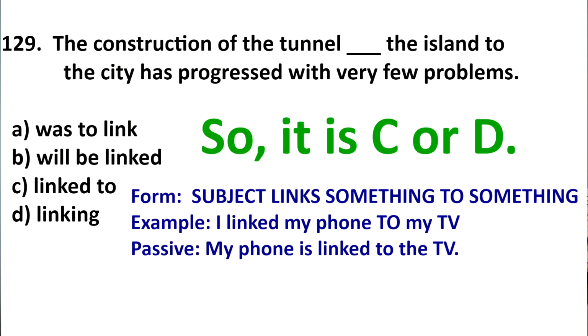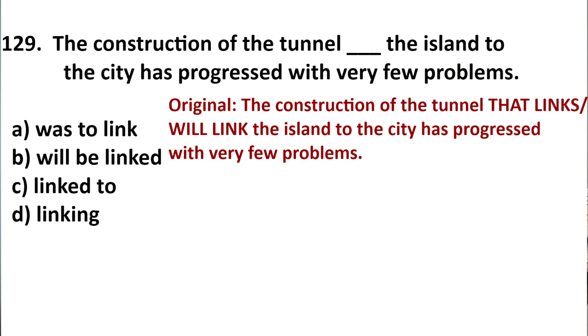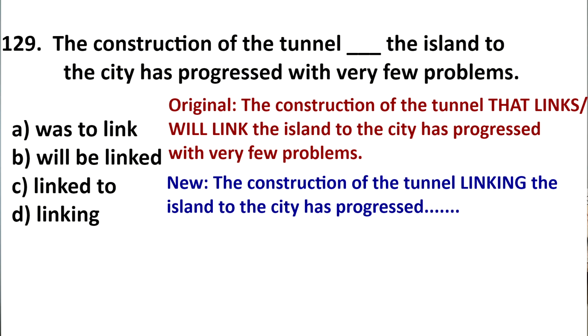So I look at C or D, and the original sentence would be the construction of the tunnel, which or that linked the island to the city, has progressed with few problems. I have that linked, or which linked, it doesn't matter. So that linked can become verb ing, and I could say the construction of the tunnel linking the island to the city. And remember, linking the island to the city is a reduced adjective clause. Has progressed with few problems.